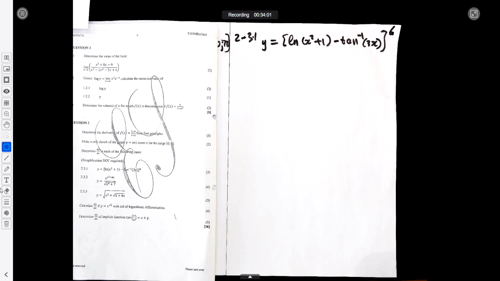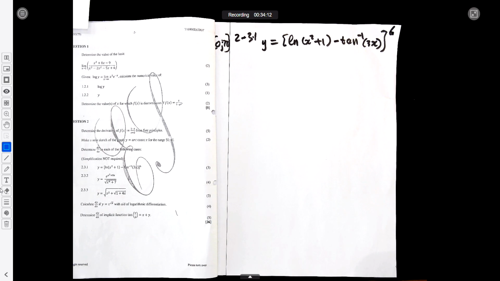So we're given y equals (ln(x squared plus 1) minus arctan 3x) to the power of 6. So it's question 3.1, your 2018 question paper.